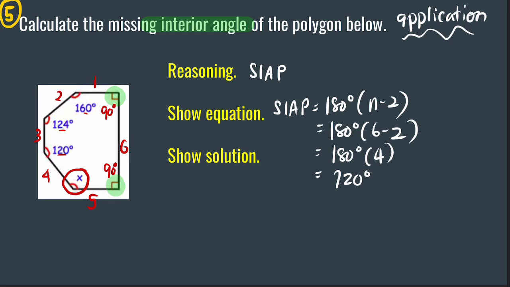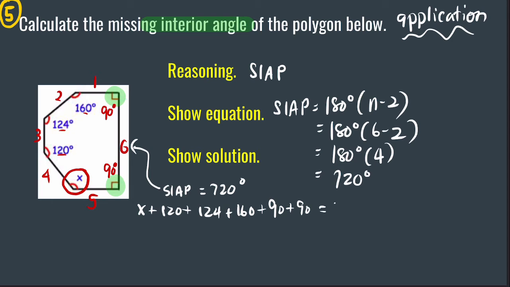So that means if I add up all of the angles inside, it should total 720 degrees. So how do I apply that? The sum of interior angles equals 720 degrees. How will I get the sum? I'm just going to add everything. x plus 120 plus 124 plus 160 plus 90 plus 90 should total 720 degrees.